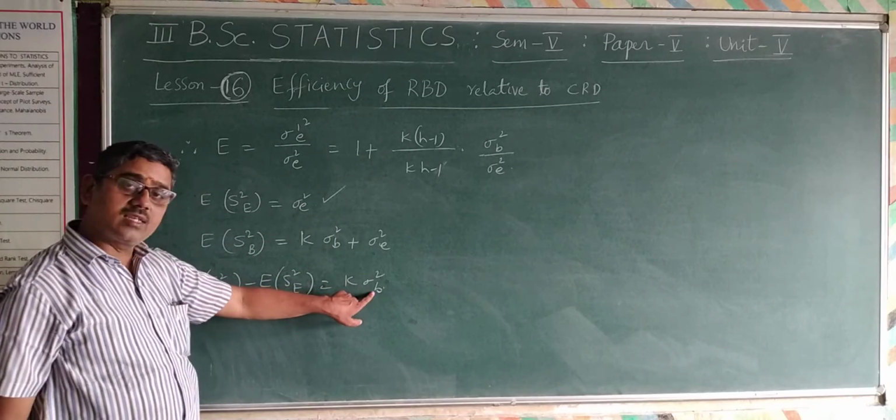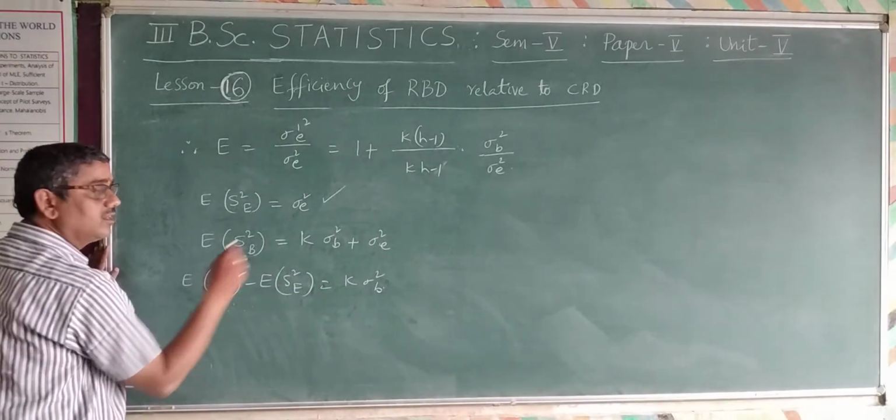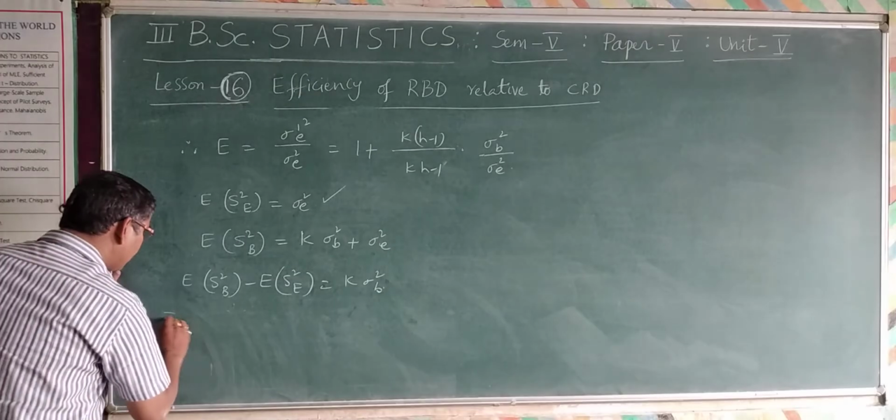In which you have to calculate sigma square B, we have to estimate. Therefore, I am taking K to the left hand side so that the estimation will be obtained.